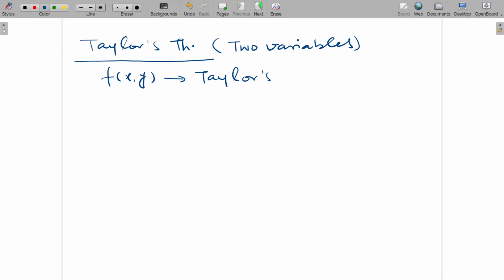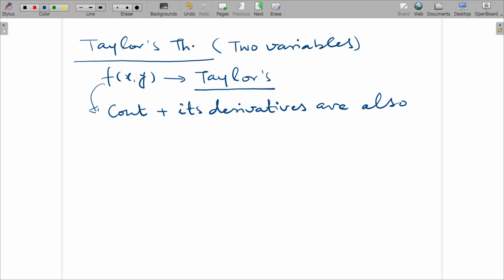The primary requirement is the same: this function should be differentiable, which means this function should be continuous, plus its derivatives are also continuous.